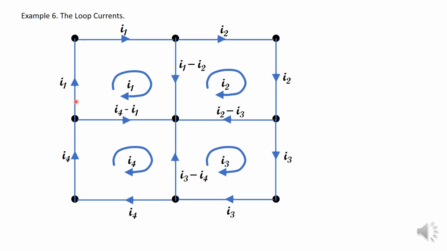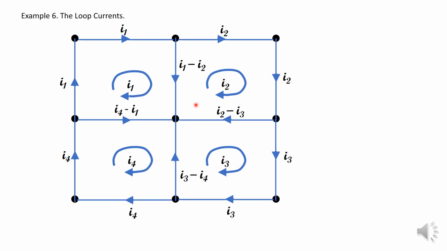And you can express the current in each branch in terms of the loop currents. Okay, I have I1 following this direction, I2 here following the direction of the loop here, I3 here following this direction, I4 following this direction. Given this orientation, it will be plus I1 and then minus I2.